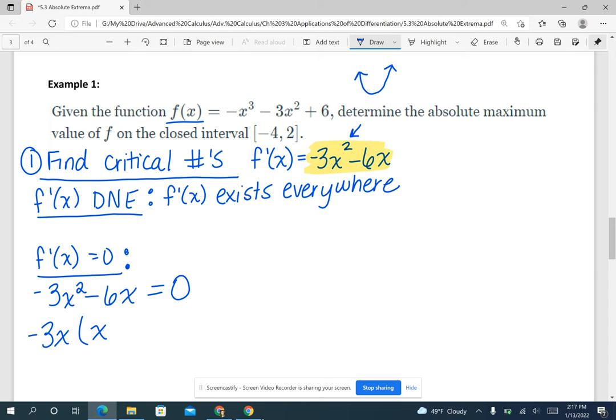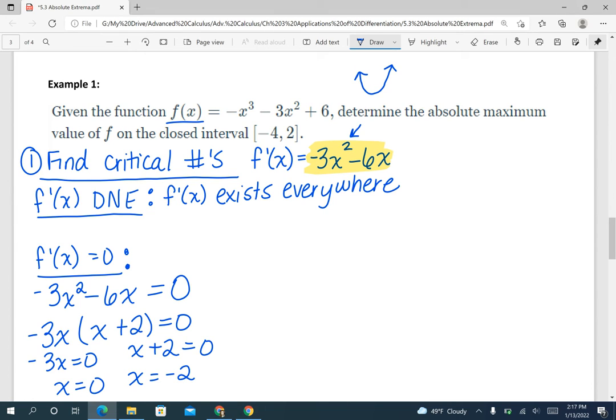I factor out a negative 3x, and that leaves me with x plus 2. If I set both of those factors equal to 0, I'll get that x equals 0 and x equals negative 2. Those are my critical numbers.